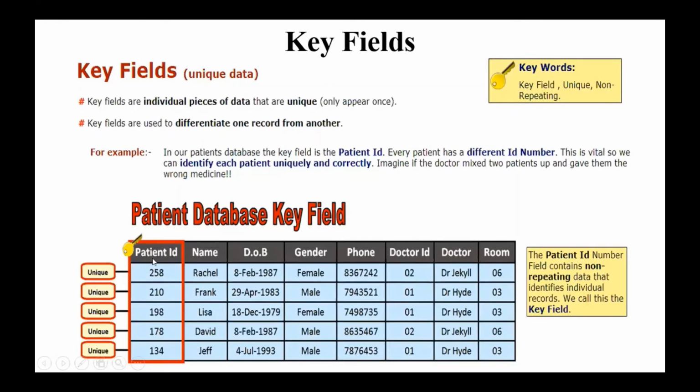In the next slides, I will give you a brief introduction on why you require this key field, or a primary key, while storing in the database. But right now, just keep in mind that key fields store unique data, that is, the data stored in them is never repeated.